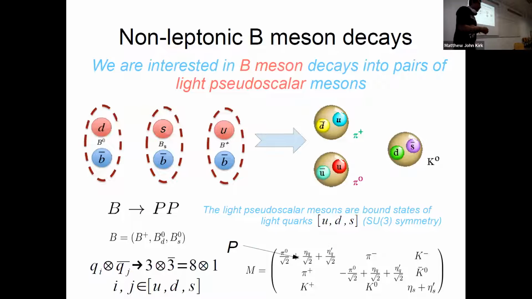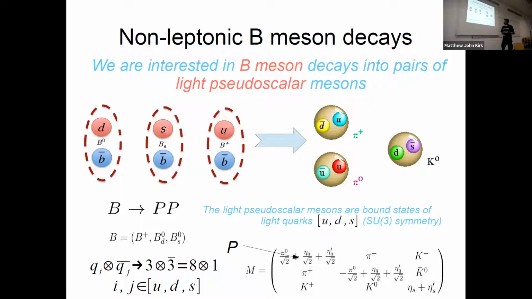I'm going to concentrate, so there are multiple final states in which a B meson can decay, and I'm going to focus on states where there are no leptons, so only mesons. And also I'm going to restrict myself to cases where these mesons are light mesons.